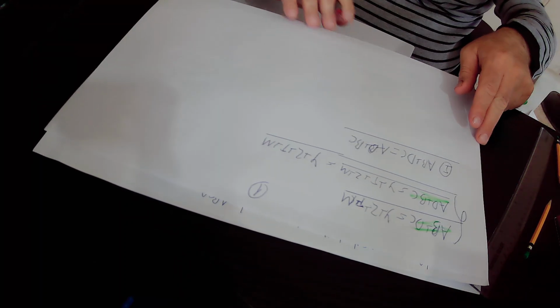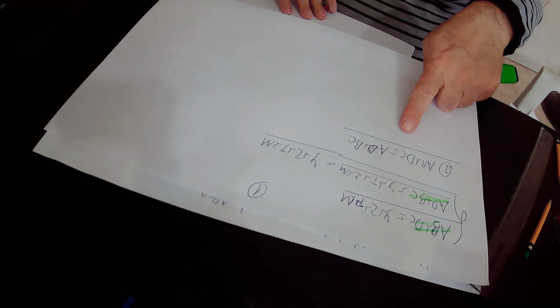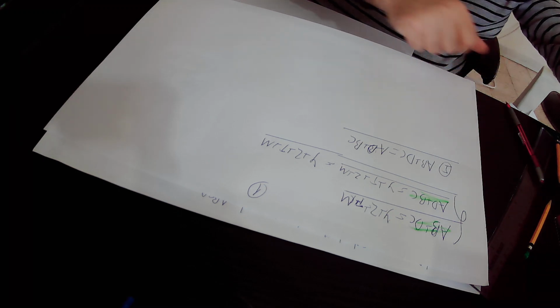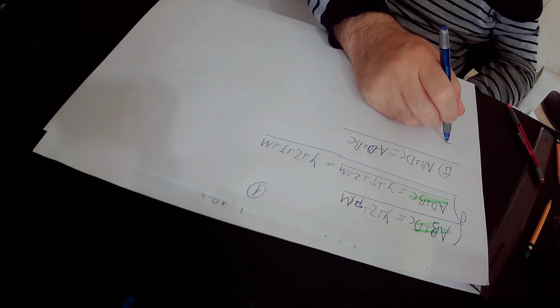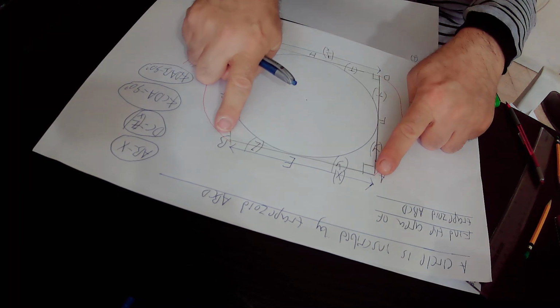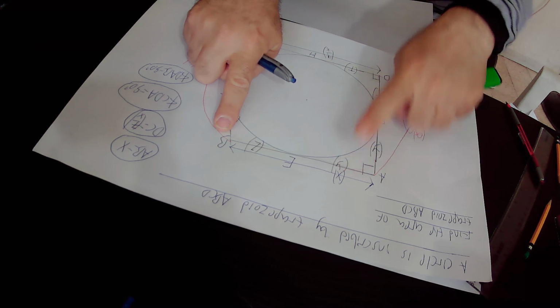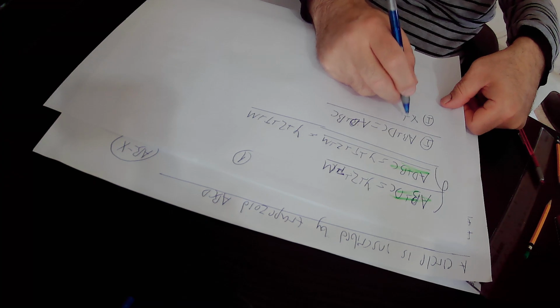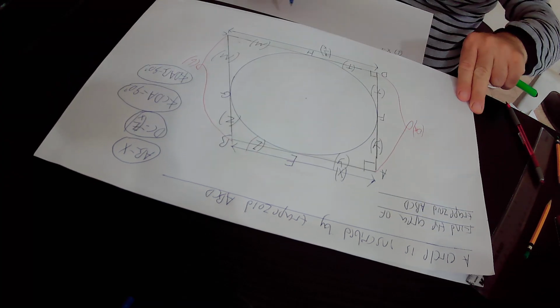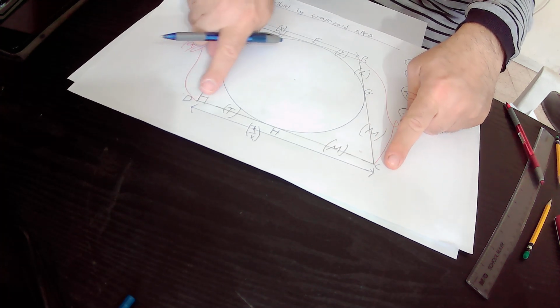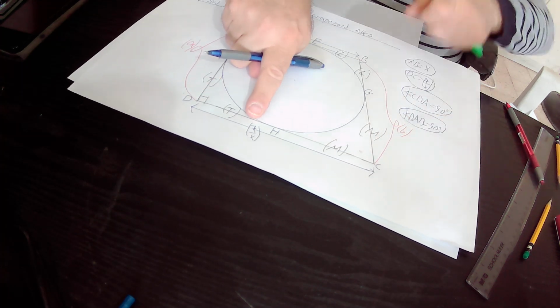So according to equation 1, AB plus DC equals AD plus BC. AB equals x according to what is given in the question. So we substitute AB by x plus DC. DC equals 7 over x according to what is given in the question.